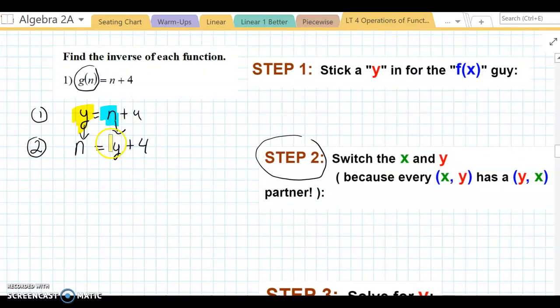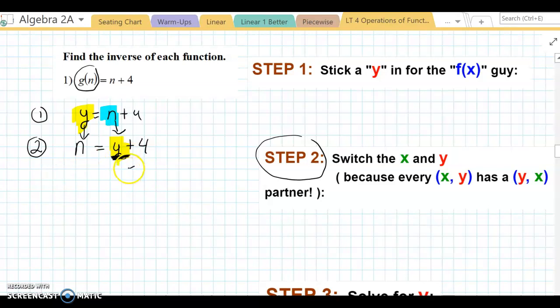Step 3, solve for y. So that means we want this back over there, but not just by switching them. What if I subtract y, I'm going to get a negative y and then divide by... what if I just make it so that this stays on this side and I get rid of the 4? I'll do it both ways.